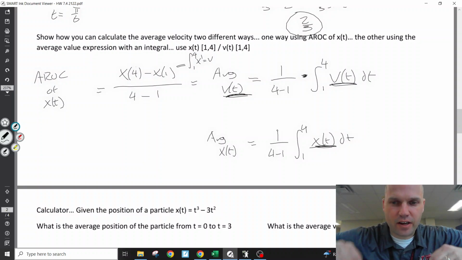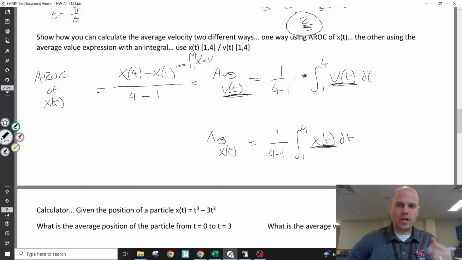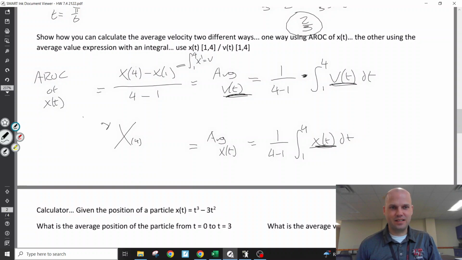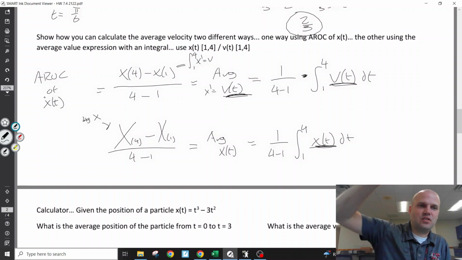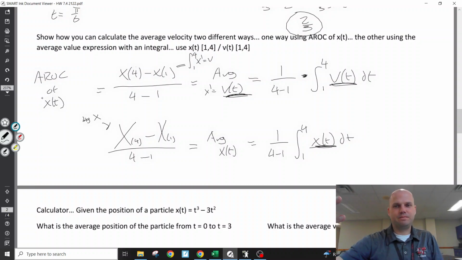How would you find the area under position without a calculator? You would actually need its antiderivative, big X. The average rate of change of big X would give you the average X. It's confusing. It's like an average derivative comes from an average rate of change of the original function.